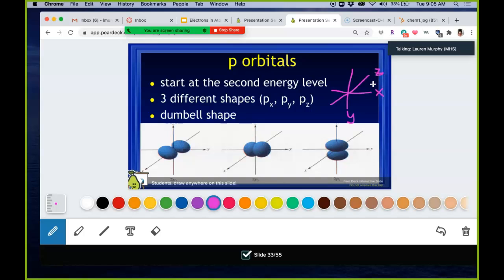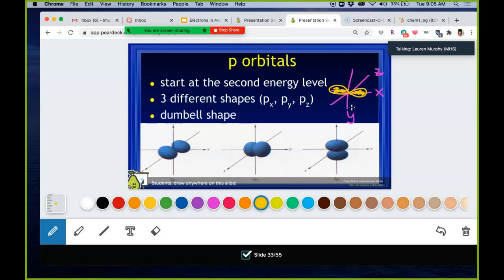This would be your z-axis. So a px orbital would look like this, and it would lie along the x-axis. This whole thing is a px orbital.